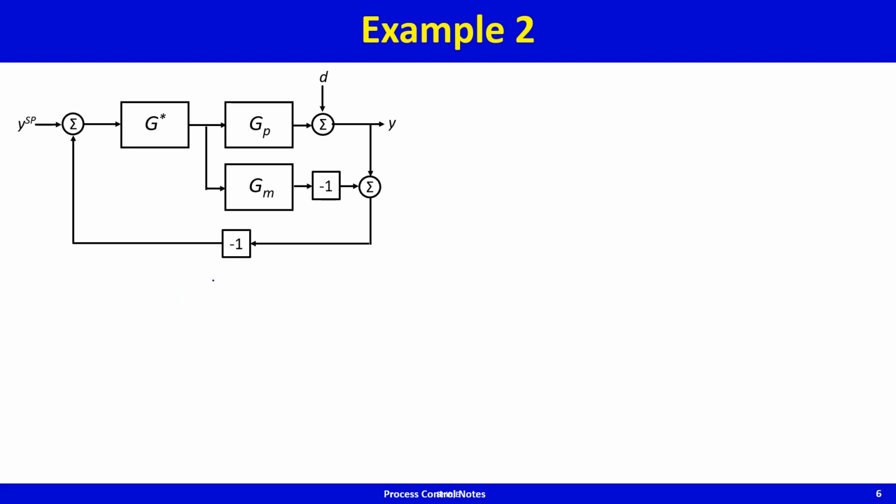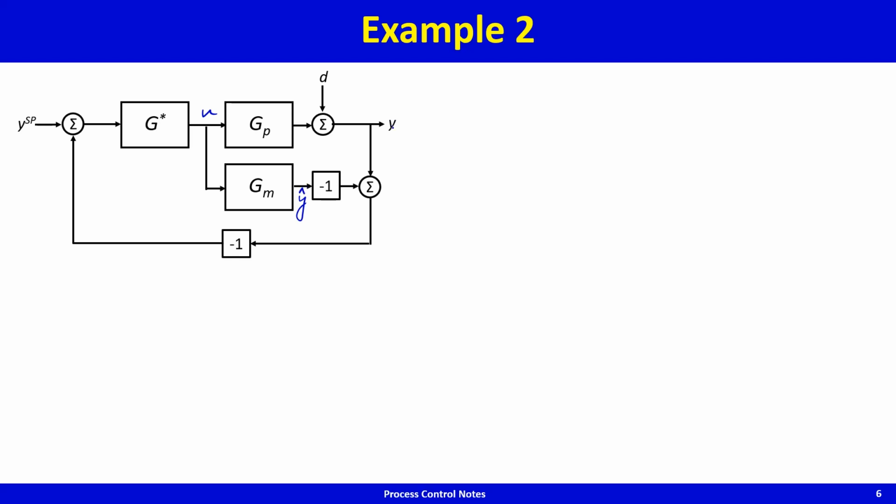So now, there is an unmeasured disturbance that's entering the process here, and this is a prediction of what the output should be. This would be Y predicted.